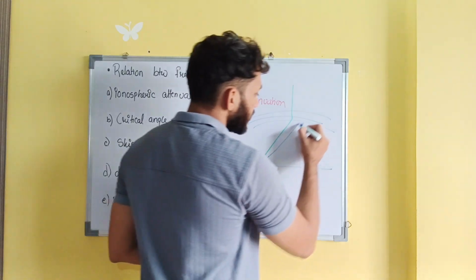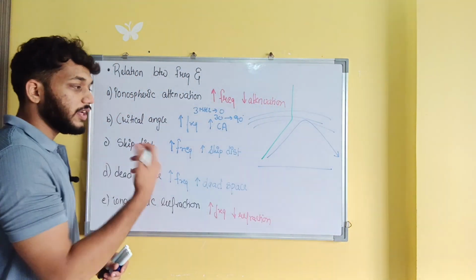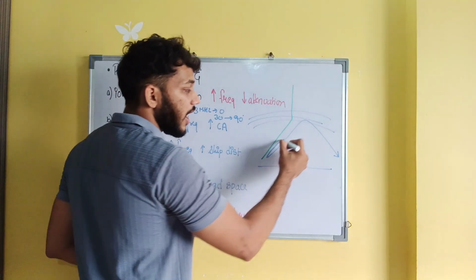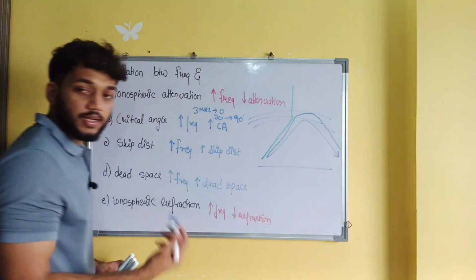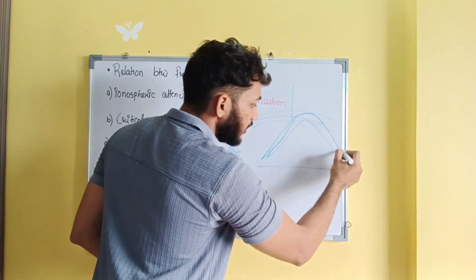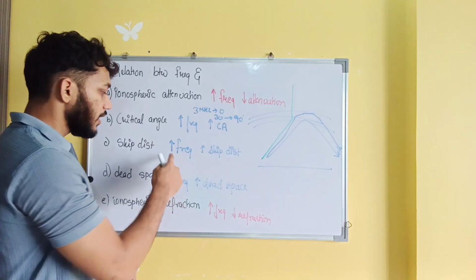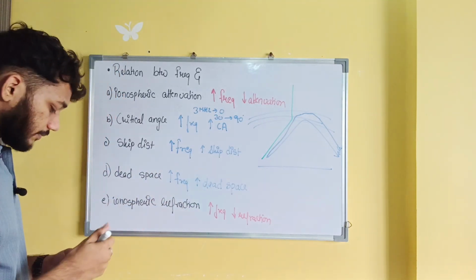What was skip distance? Our first sky wave, right? So if frequency is increased, the skip distance also increases, because higher frequency will take larger distance to get refracted and be received by the receiver. Okay, so higher the frequency, higher is the skip distance.